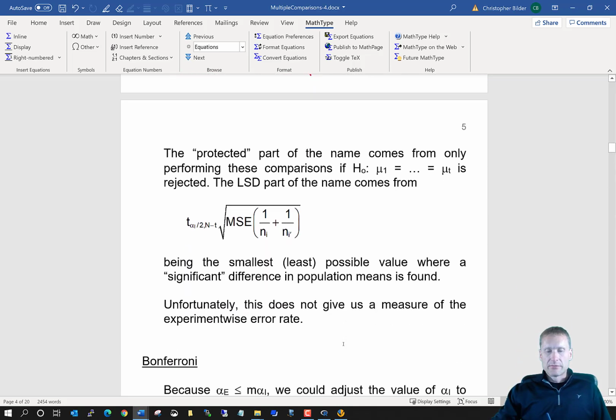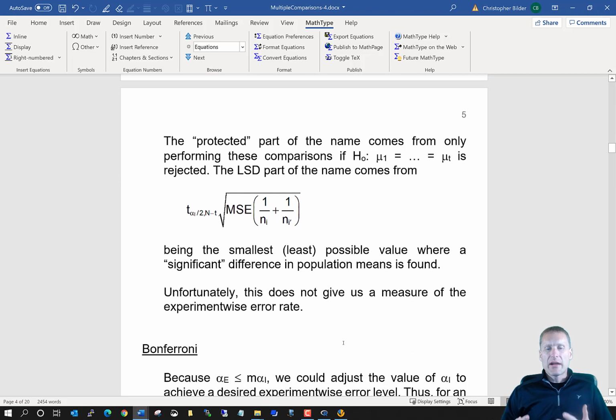Okay. So where does the name Fisher's protected LSD come from? Fisher is named after a famous statistician. Protected comes about because we only ever perform this procedure, this multiple comparison procedure, if our hypothesis test for the equality of all means is rejected.